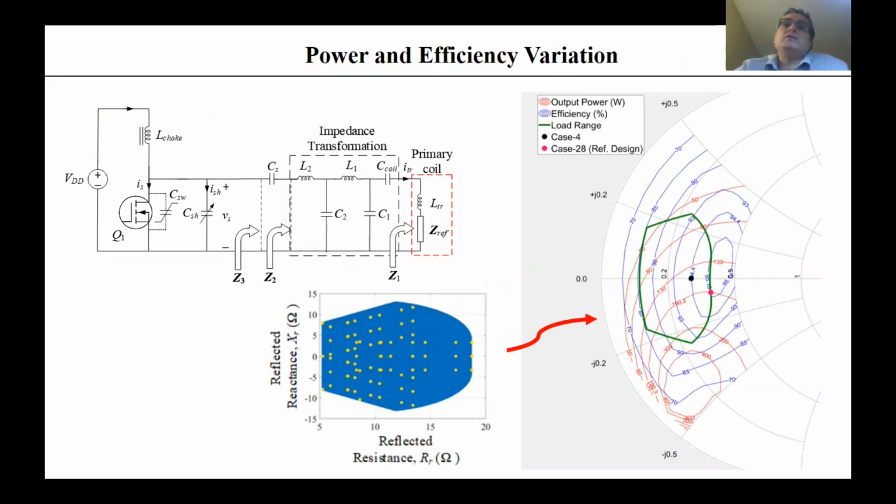On the right of this slide, you can see a Smith chart that illustrates the areas of the same efficiencies and the same powers. This Smith chart shows that when the load varies in a specified range, the power varies all the way down to 50 watts and all the way up over 300 watts, while the efficiency can be as low as 80%, 85%.